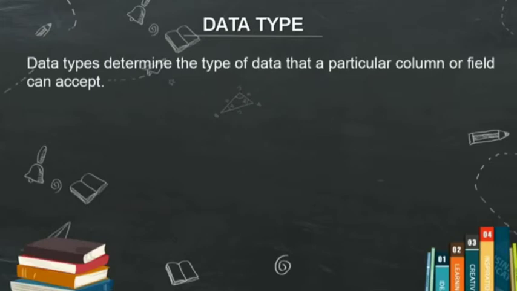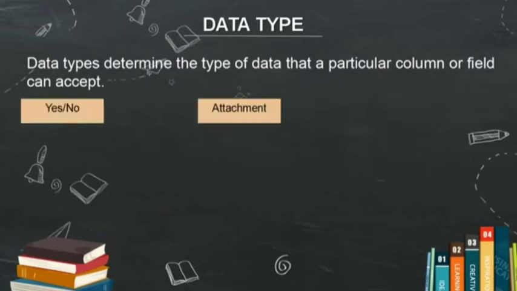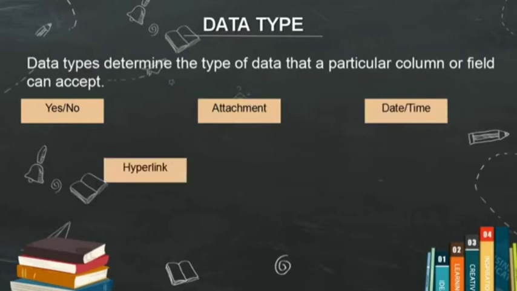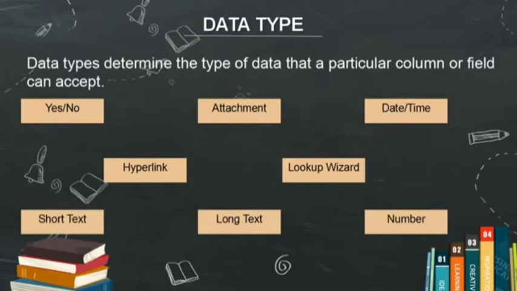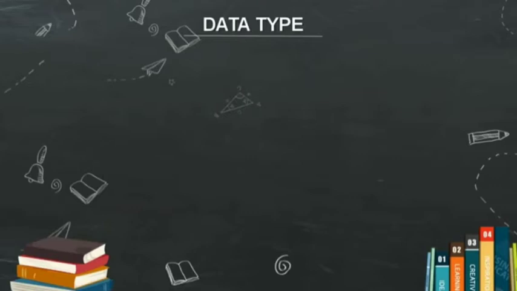Now MS Access provides us many data types, for example yes/no, attachment, date/time, lookup wizard, short and long text, number, hyperlink, etc. There are many more data types, but we will read about those which are going to be used in your practical.